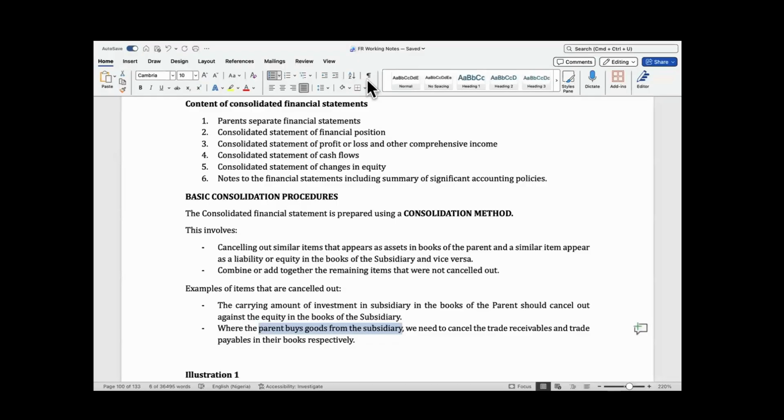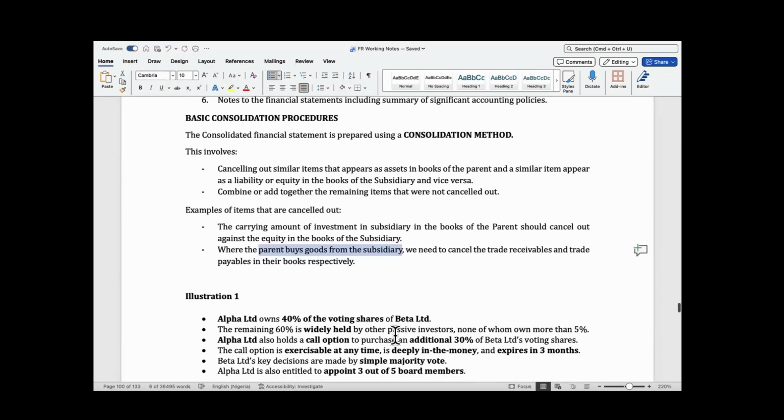We want to see your revenue that you have made from working with outsiders, not revenue you have made from working with yourselves. Then we cannot consolidate that. If you made money from yourselves, or you are owing one another money, you would usually cancel out all of that. So that's not offsetting, and you're good to go.